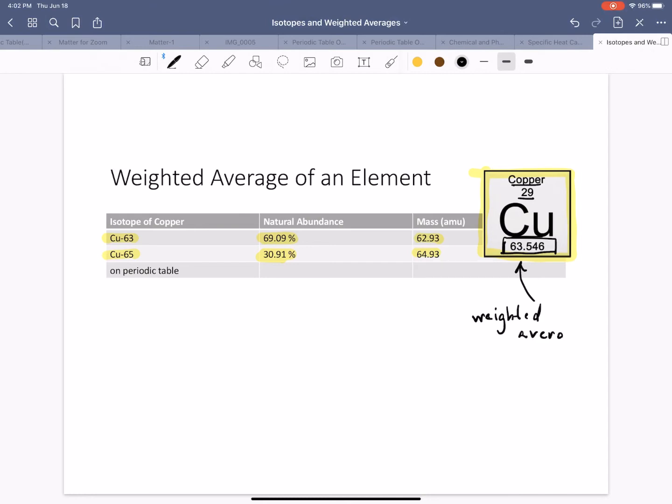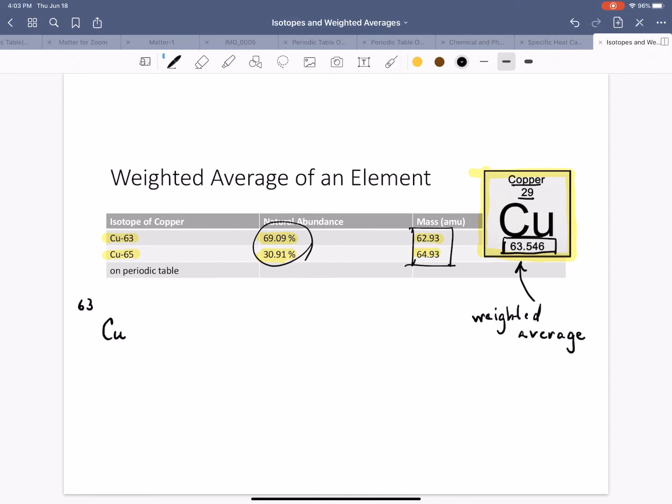There is no copper atom that has this mass. Where did this mass come from? Well, it reflects the weighted average of the masses of actual copper isotopes. So to get this number, we do that same process. We consider each isotope or kind.